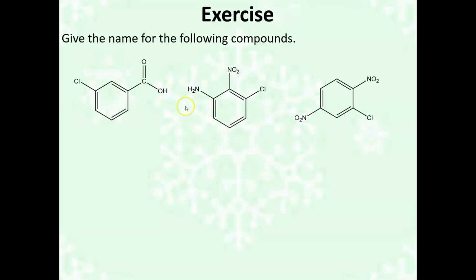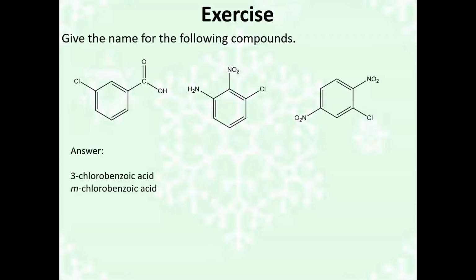The position of COOH is carbon number 1, and the lowest possible position for chlorine is 3, not 5. So the answer is 3-chlorobenzoic acid or m-chlorobenzoic acid, where m refers to meta, since the substituents are at positions 1 and 3.